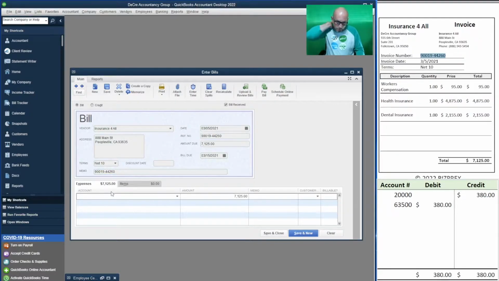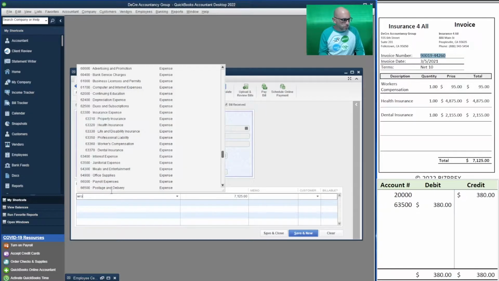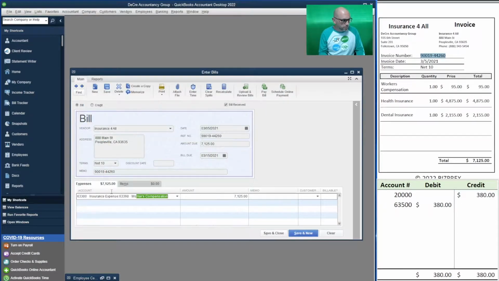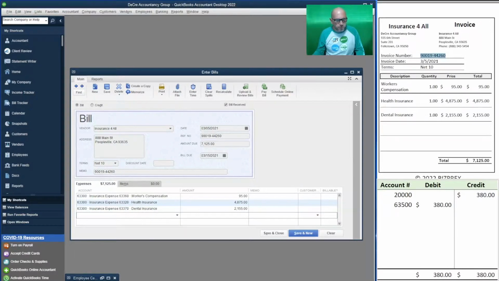There's going to be three parts. So we have workman's comp insurance, health insurance, and dental. Right, so here they are. Accounts payable goes up by the entire amount, and then the rest is distributed.